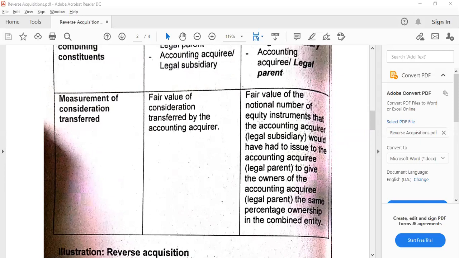And therefore, we have to follow the formula of computing the goodwill or gain on acquisition, in which that would be the consideration transferred by the acquirer accounting wise, less the fair value of identifiable net assets of the acquiree accounting wise, not the legal aspects. Despite the fact, again, that the legal contract would have said that the acquirer is the public entity, and then the acquiree, legally speaking, is the private entity.